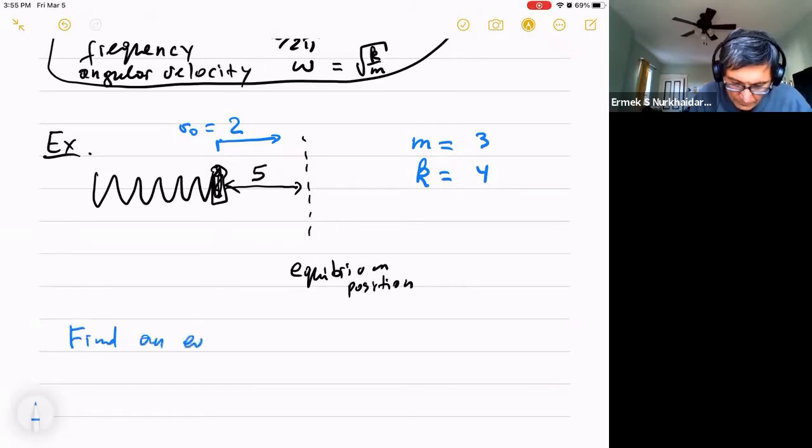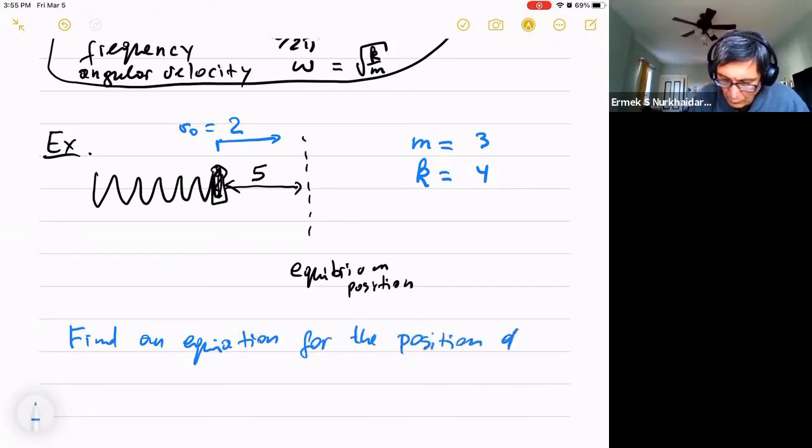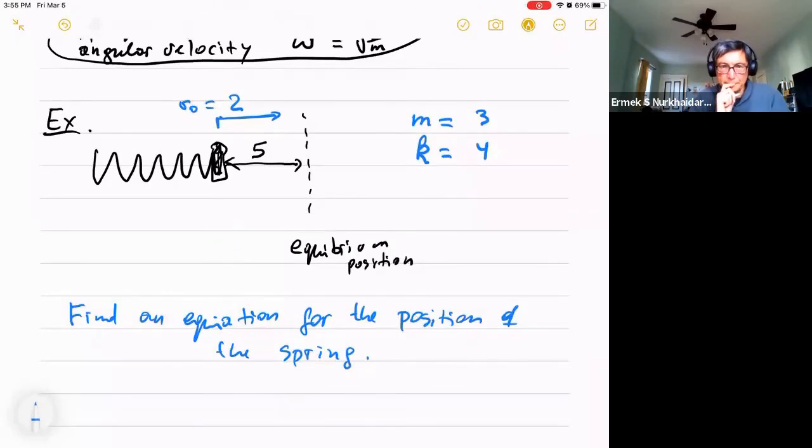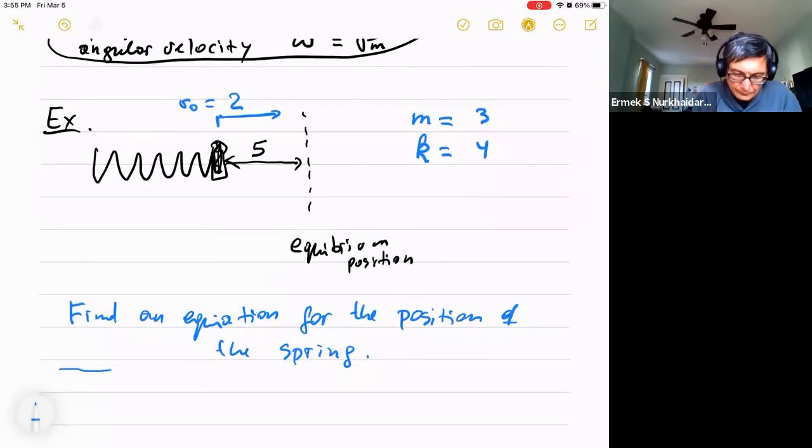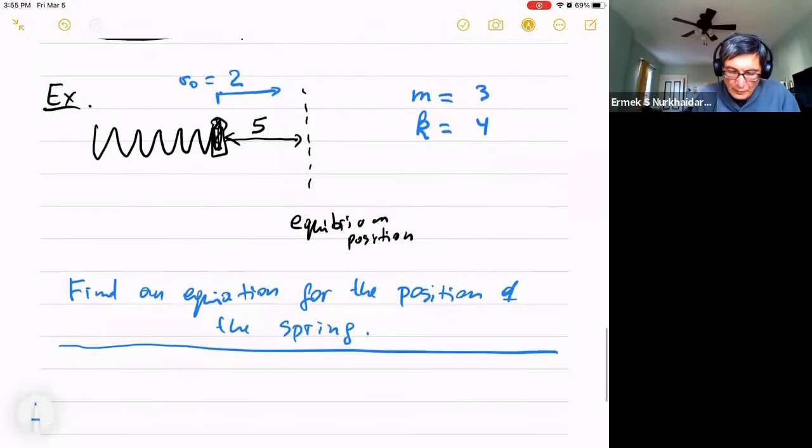Now let's find an equation for the position of the spring. So we have our equation 0 equals 3 d²y/dt² plus 4y.